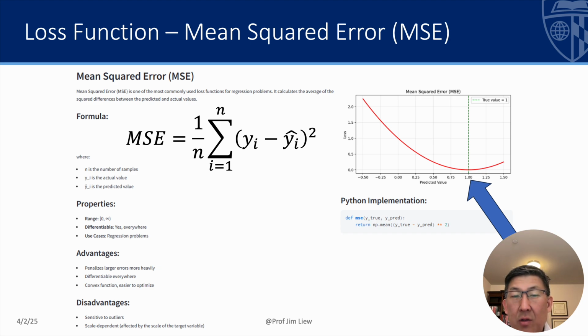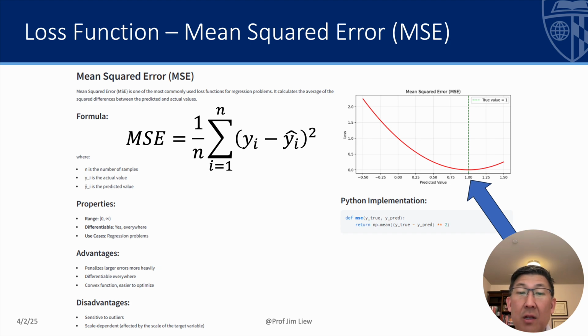And notice whether you do y hat minus y or y minus y hat, it really doesn't matter because you're taking that to the second power. So if it's negative, then squaring it will yield a positive value. So this is mean squared error. And basically you're summing this over each of the observations. You can see on the left-hand side I have an arrow pointing to the minimum value here. And there is a Python implementation.